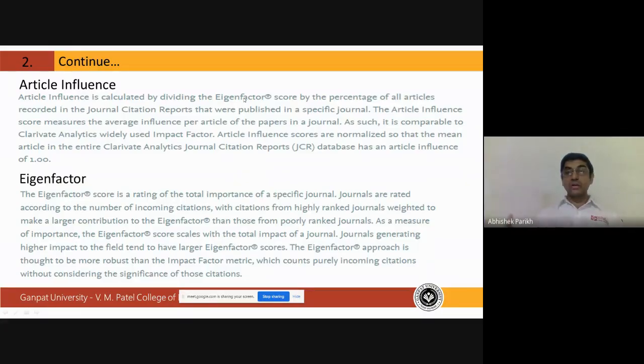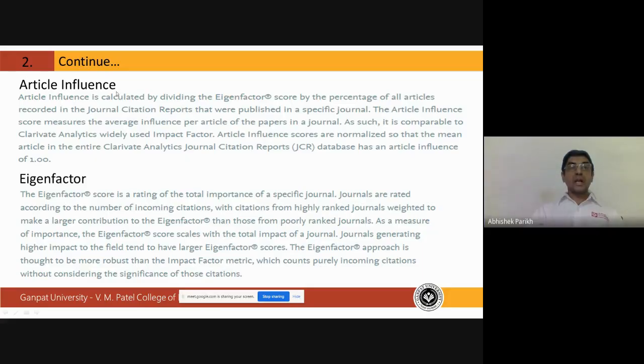So even if your article is published in a low rank or low quality journal, it may be cited in a higher order journal, and if that happens, automatically the Eigenfactor score will improve for that article. So even if your article is in a low category journal, it may have a good influence if your Eigenfactor score is higher.